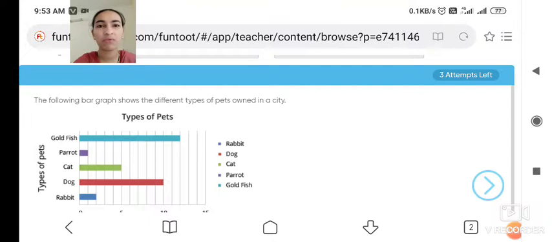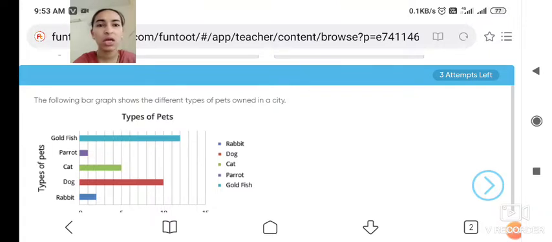Bar graph means there are bars, meaning columns. Here you can see the rectangle type figures for goldfish, parrot, cat, dog, rabbit. The rectangle that is drawn is called the bar, and the graph shown by that is called a bar graph.